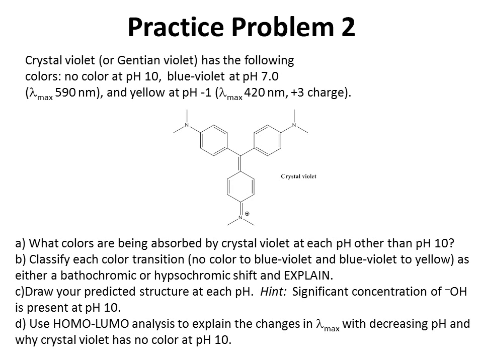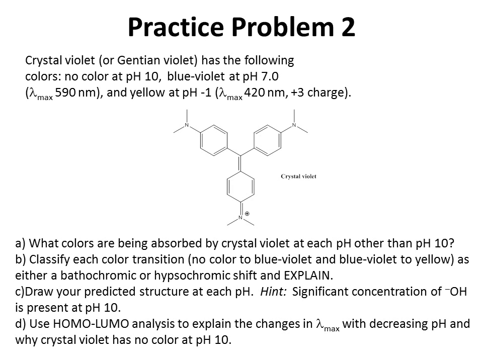So in part A, what colors are being absorbed by crystal violet at each pH other than pH 10? So when you look at the blue-violet situation and the yellow situation, you want to think about the color wheel. In part B, classify each color transition, no color to blue-violet and blue-violet to yellow, as either a bathochromic or hypsochromic shift, and explain.